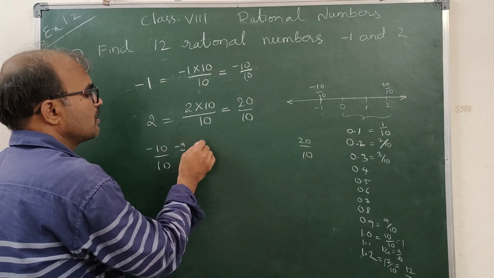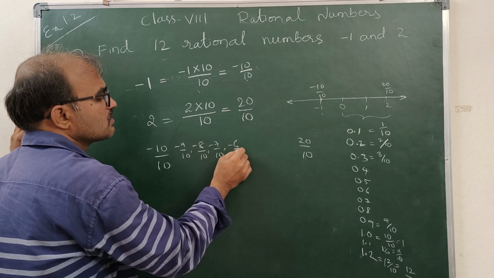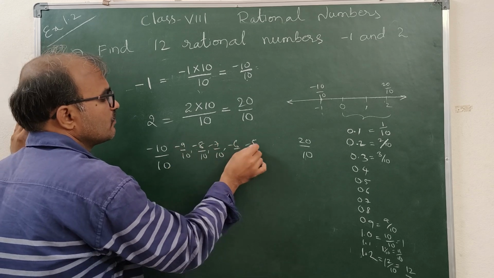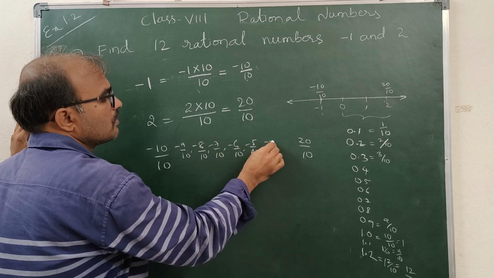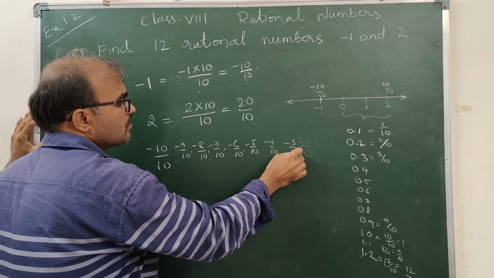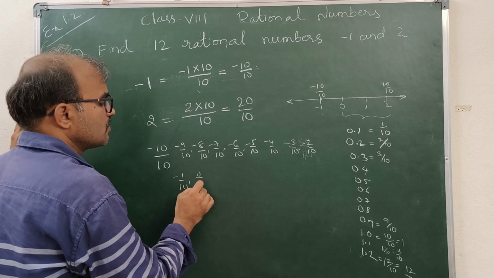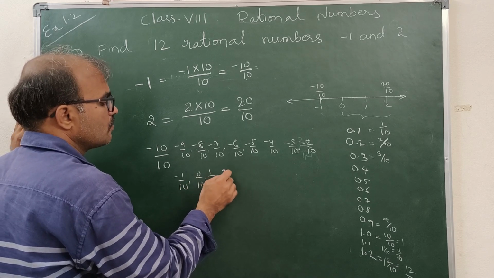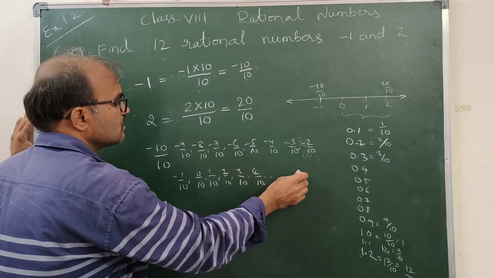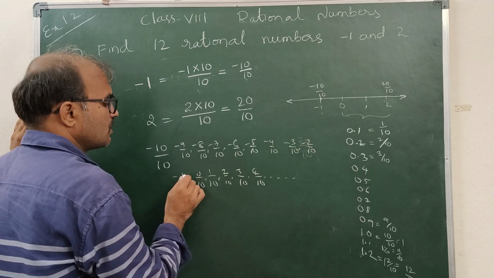-9 by 10, -8 by 10, -7 by 10, -6 by 10, -5 by 10, -4 by 10, -3 by 10, -2 by 10, -1 by 10, 0 by 10, 1 by 10, 2 by 10, 3 by 10, 4 by 10. So 1, 2, 3, 4, 5, 6, 7, 8, 9, 10, 11, 12.